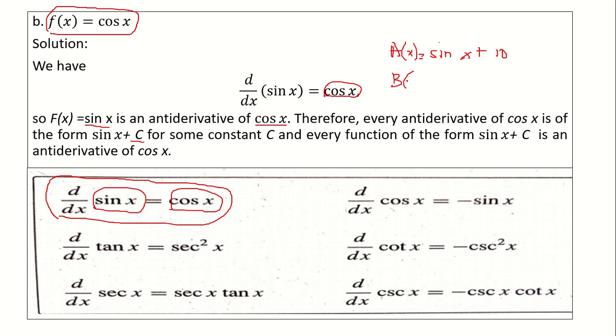Capital B of x is equal to sine x minus 55, and all other functions of the form sine x plus c. So, kahit anong constant ang ilagay natin dyan, the result will still be cosine x. Okay?